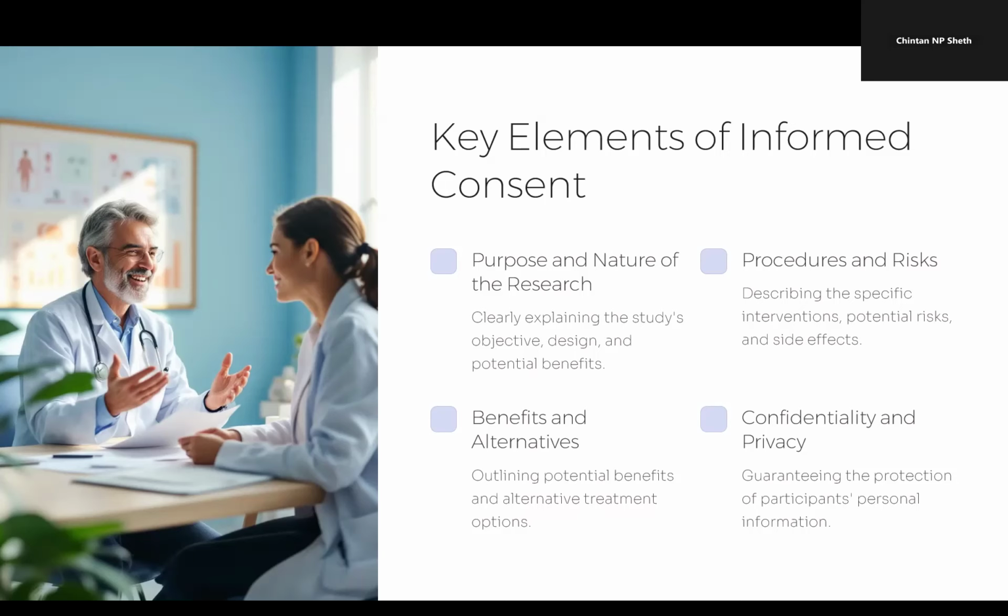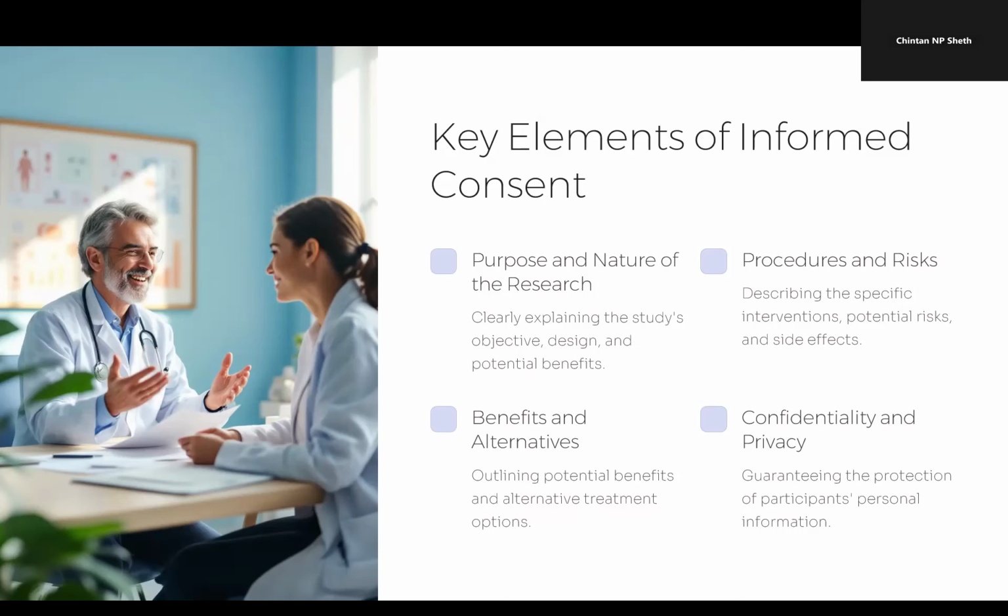So it must clearly explain the objective, design, and potential benefit. At the same time, it must outline the procedures the study would have, along with the interventions, potential risks, and side effects in an absolutely transparent manner.